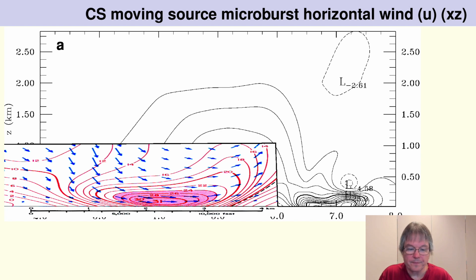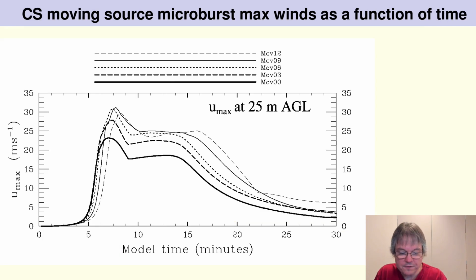In this next figure, I'm showing the maximum surface winds over time. So I want to show what happens when we moved the microbursts at different wind speeds, and I decided to look at what the strongest wind speeds were from these different moving sources.